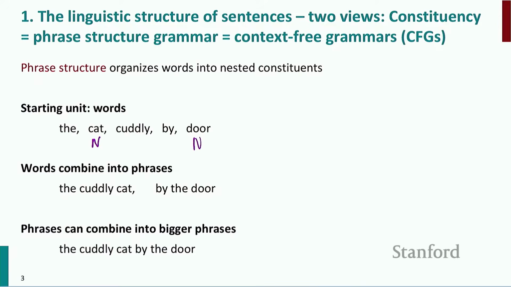For the examples here, we have nouns. Cat is a noun, door is a noun, but something like linguistics is also a noun. And then we have other kinds of words. Cuddly is an adjective, a word that can modify nouns. And then we have the, as in the cuddly cat. The is a slightly more complex one as to how to name.